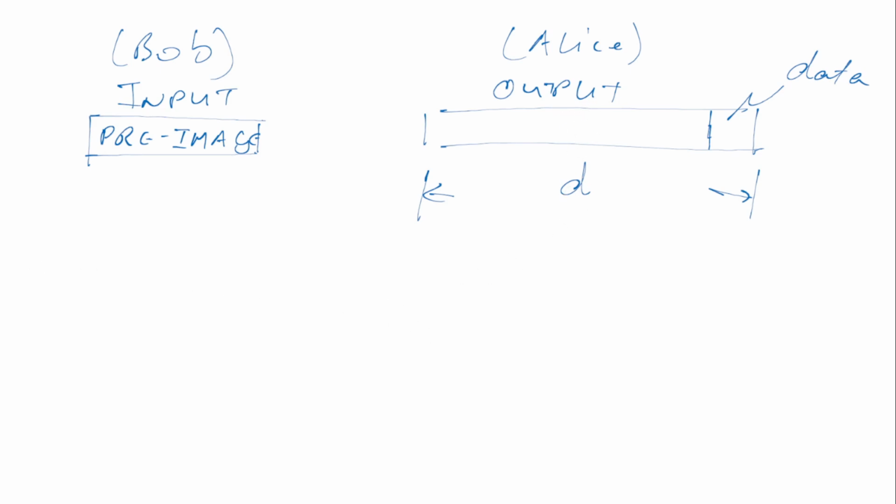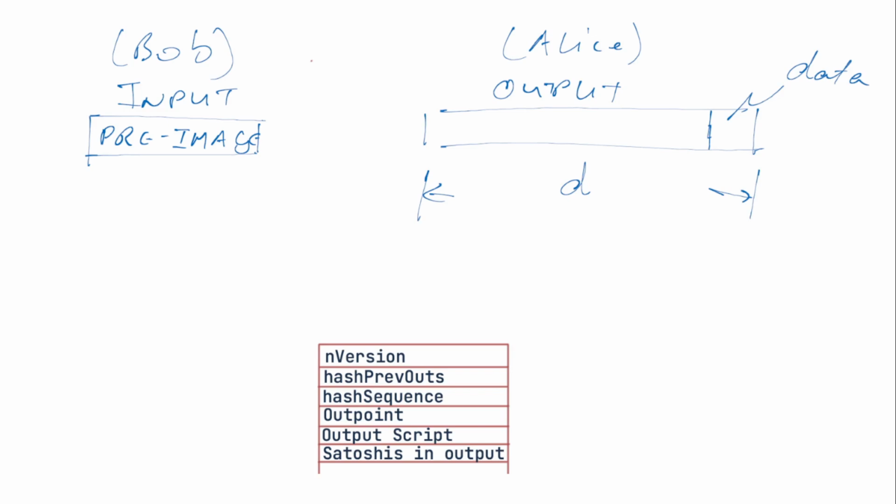If you recall, the pre-image actually has this structure, right? And right here in the pre-image, we have an output script. The output script that is provided by Bob in the pre-image is the same as this output script here. So when Bob constructs his spending transaction and provides the input in the pre-image of the spending transaction, part of that pre-image that he's providing is actually the output script here.